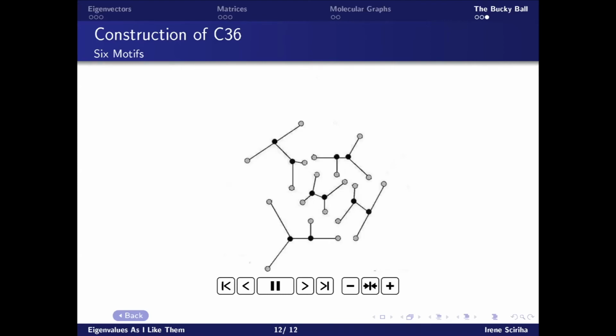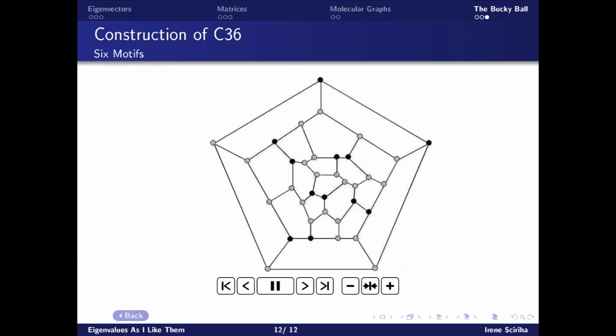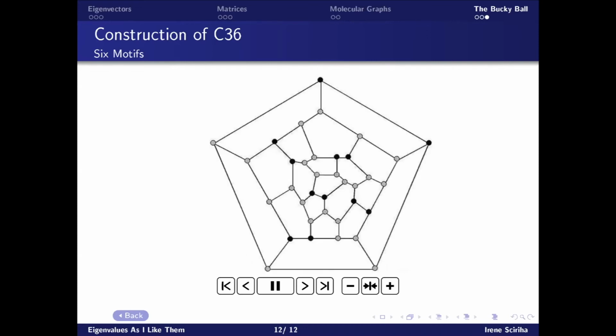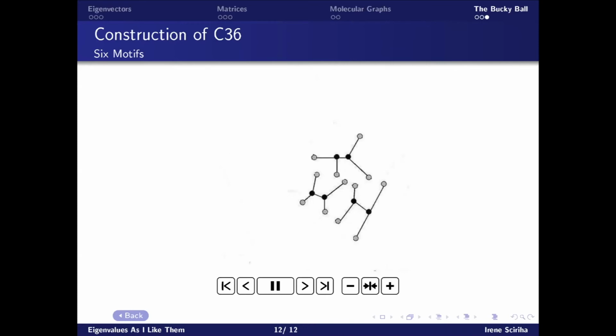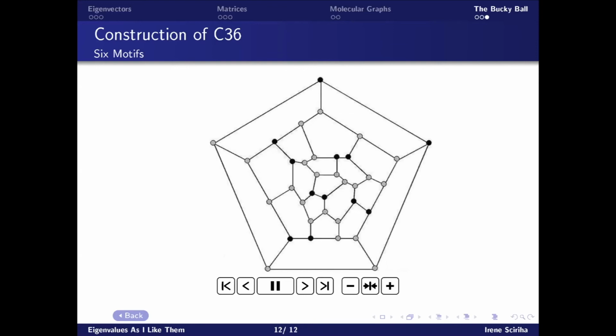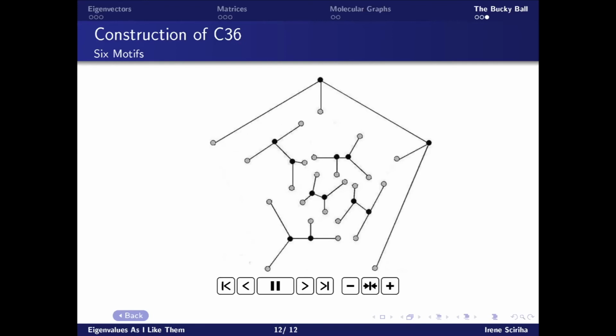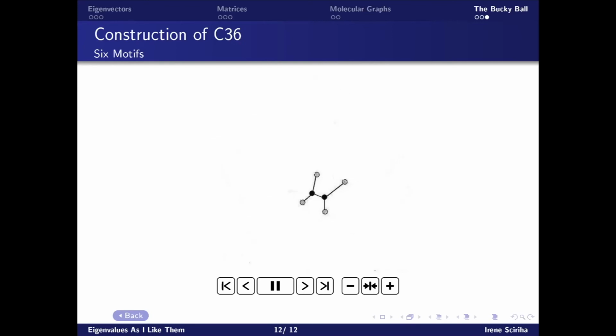The Frucht graph is also interesting because it's one of the 2 smallest asymmetric graphs. So it has an automorphism group of just the identity.